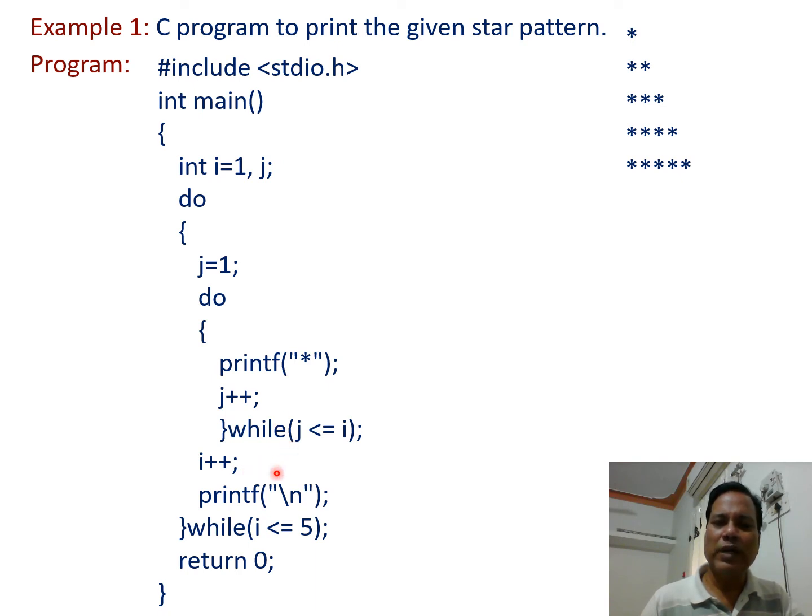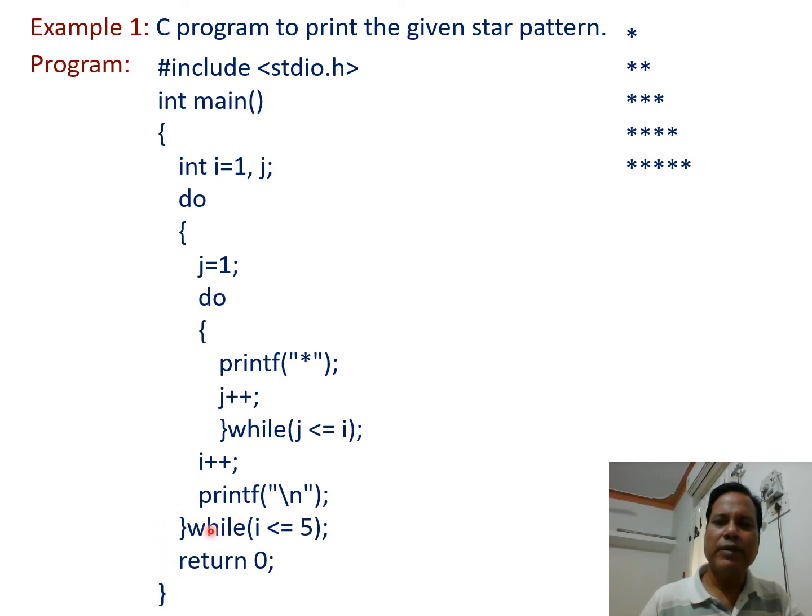So outside of the inner do while loop, i plus plus. This is the control variable update for the outer do while loop. So value of i is incremented and this value becomes now 2. Then printf statement brings the cursor to the beginning of the next row.